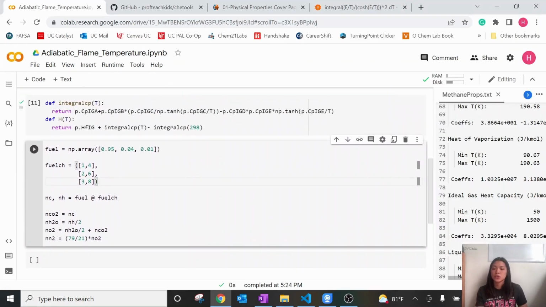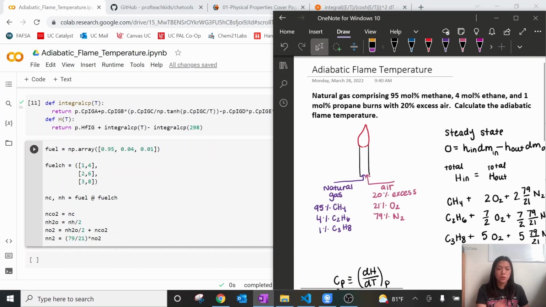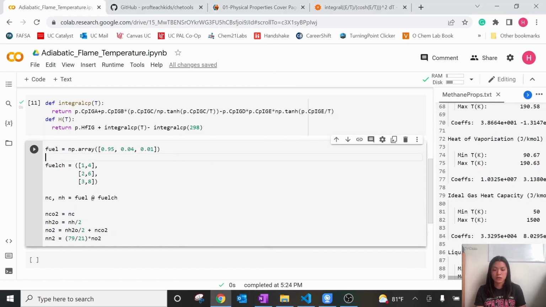Another thing that we must consider when we're inputting all this information is the fact that we have an excess amount of air. We were told in the problem that we have 20% excess air, so we have to take that into consideration. Well, what does that 20% mean? That means when we're looking at the number of moles of oxygen, that has to be multiplied by the amount of excess air.